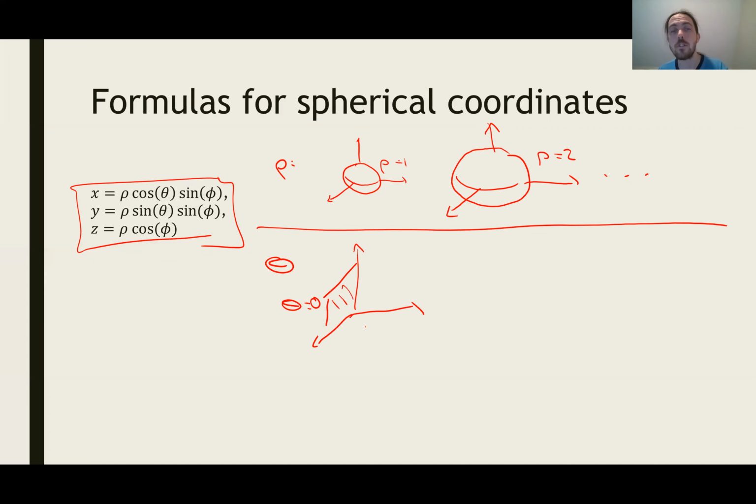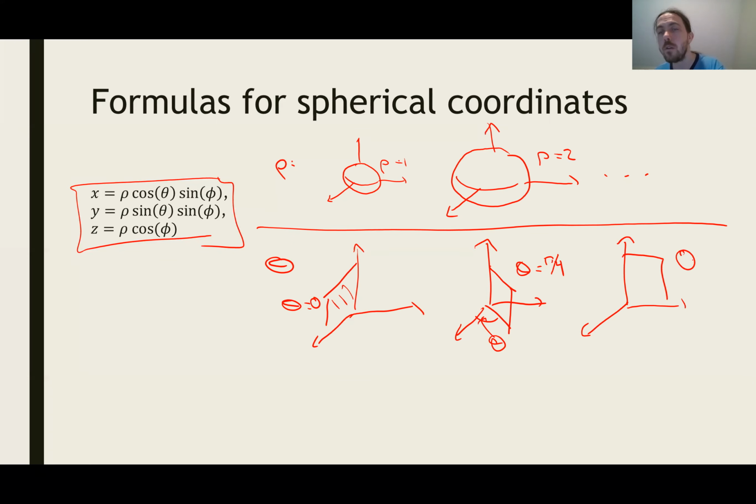When theta is equal to 0, we're in this vertical plane. When theta is equal to pi over 4, we make a 45-degree angle with the xz plane. When theta is equal to pi over 2, we're over top of the y-axis. And as theta continues to grow, this angle that we make with the x-axis starts to progressively grow as well. So that's what the theta coordinate tells us.